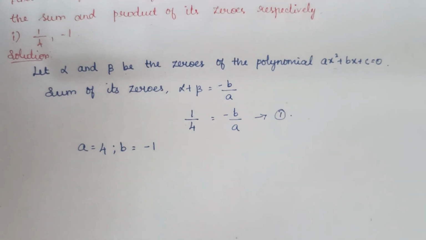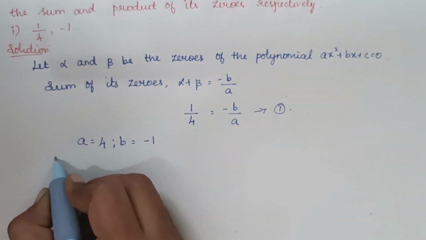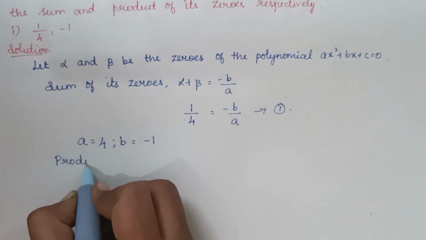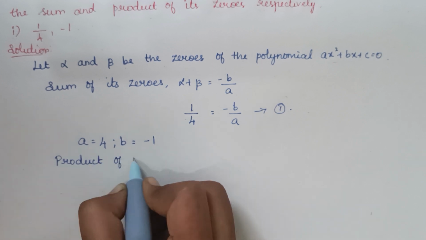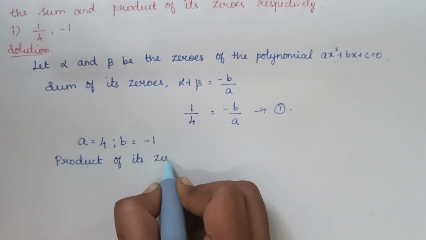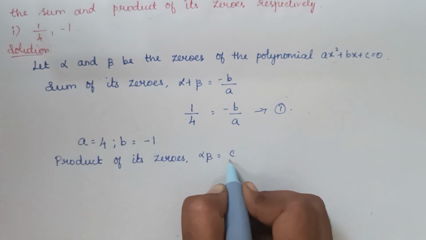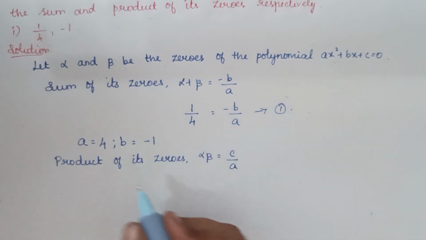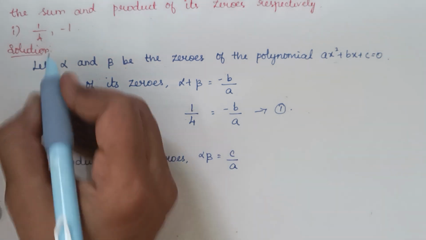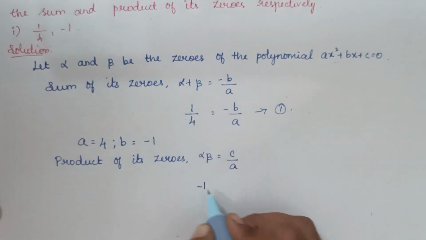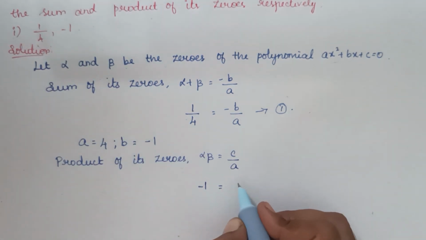Now we know the formula for the product of its zeros: alpha into beta is equal to c by a. The alpha beta value they have given is minus 1, so minus 1 is equal to c by a.